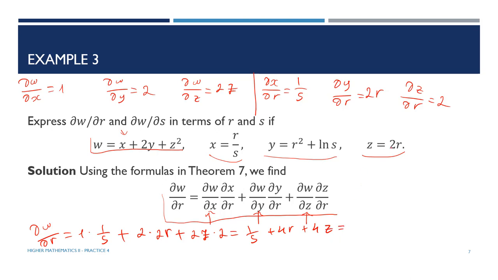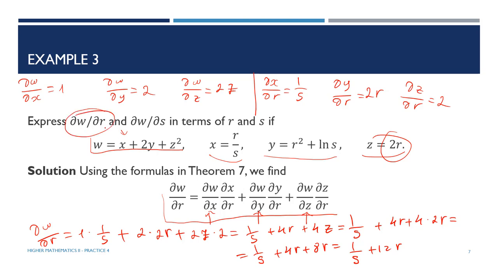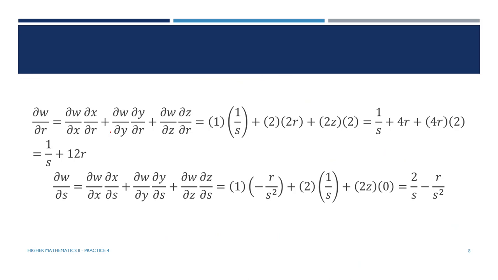So let's plug in 2r instead of z, because z equals 2r: 1 over s plus 4r plus 4 times 2r is 8r, equals 1 over s plus 4r plus 8r, equals 1 over s plus 12r. So this is the first one, the derivative of w with respect to r.